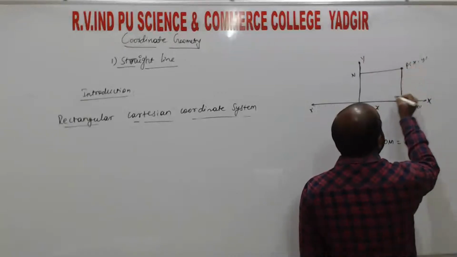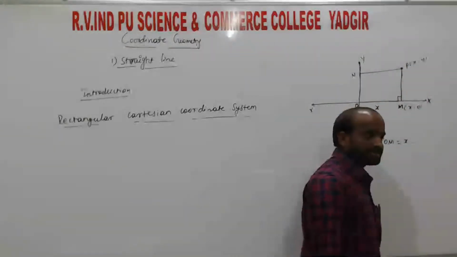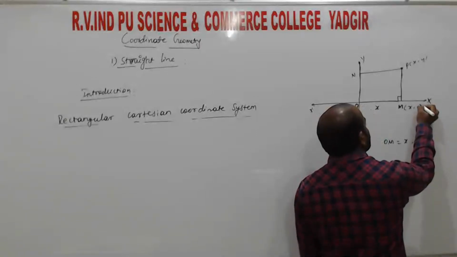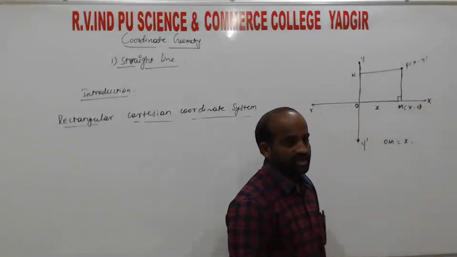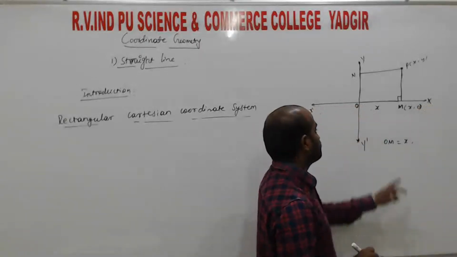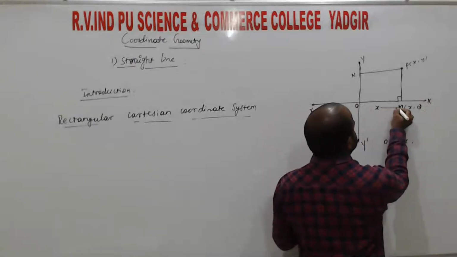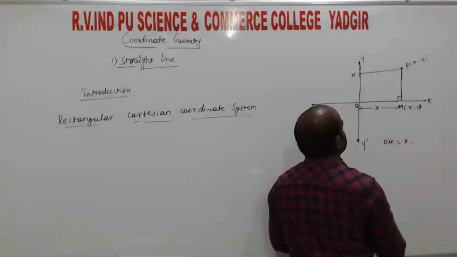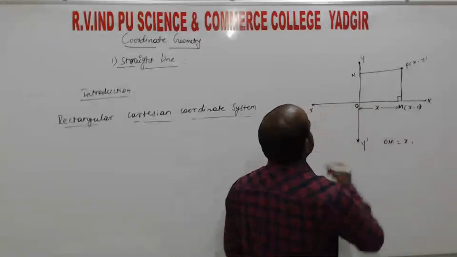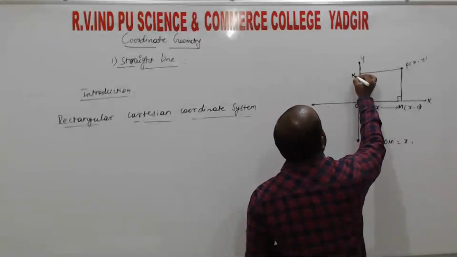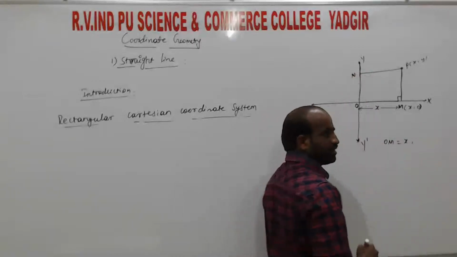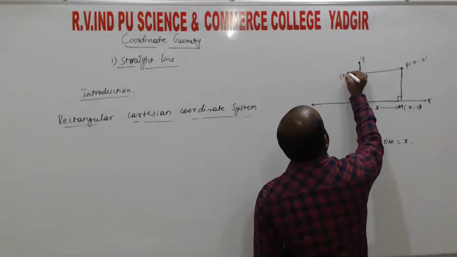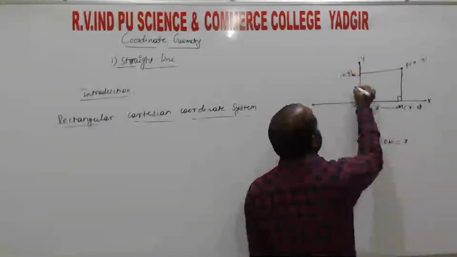This PM is perpendicular to the x-axis. The M coordinate is x comma 0. OM is equal to x. Next, N lies on the y-axis. The N coordinate is 0 comma y.